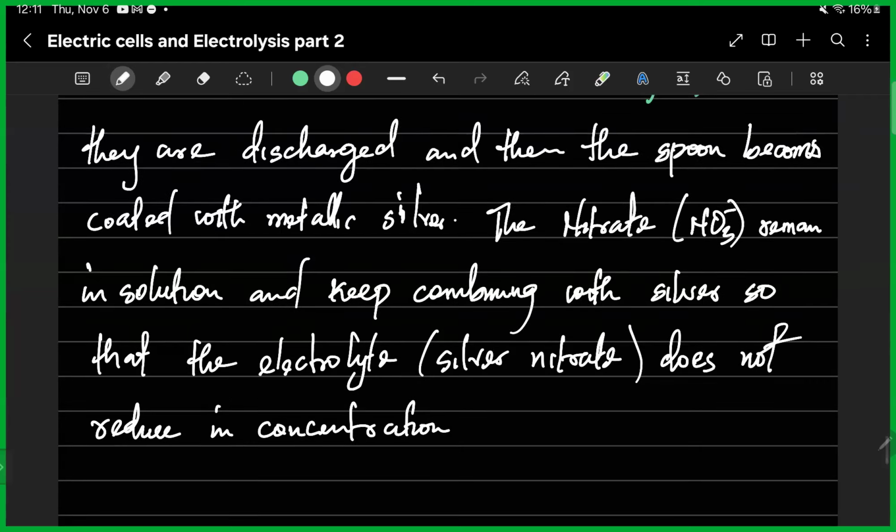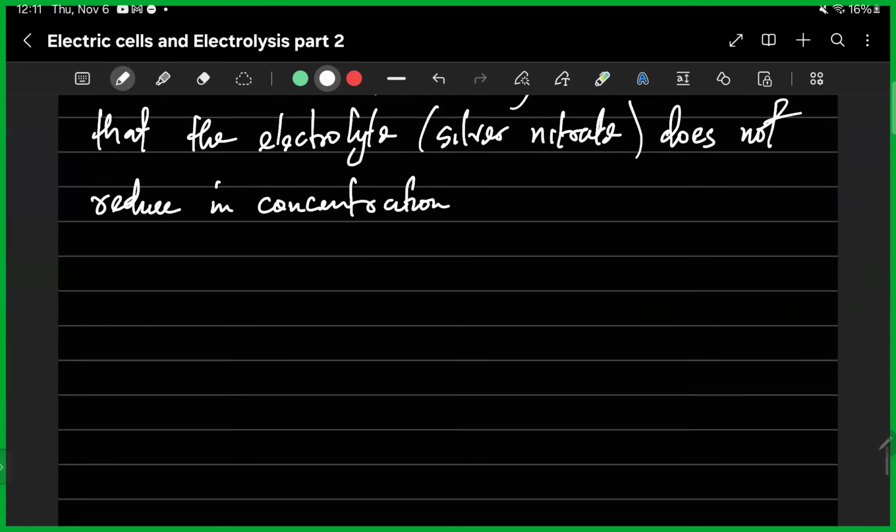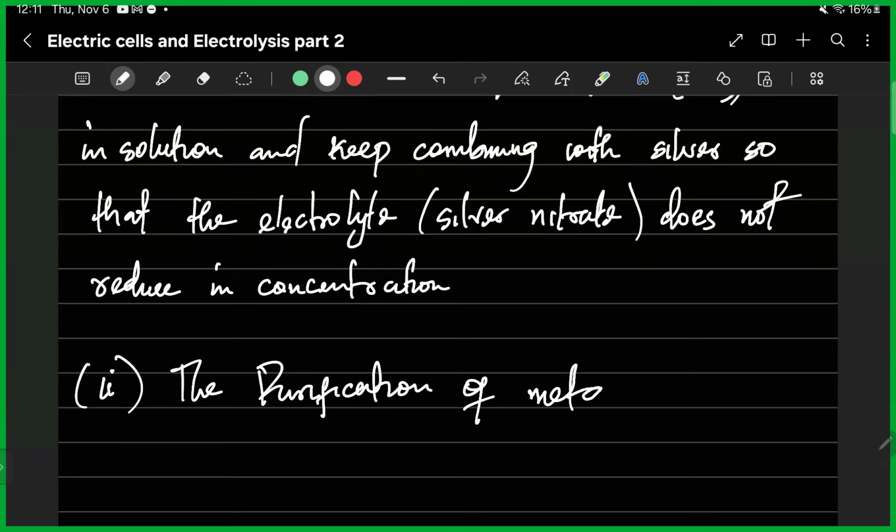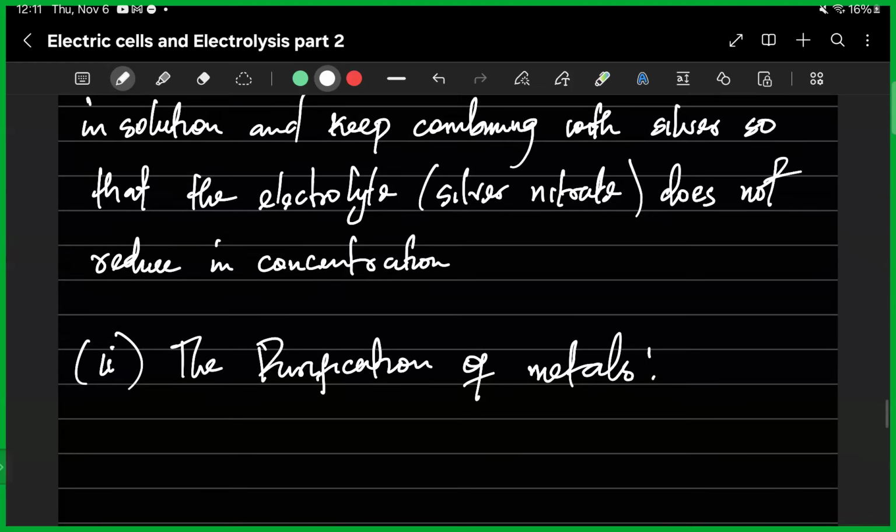We talked about electroplating, and then Roman figure 2 will be the purification of metals. So how does this work for the case of electrolysis?